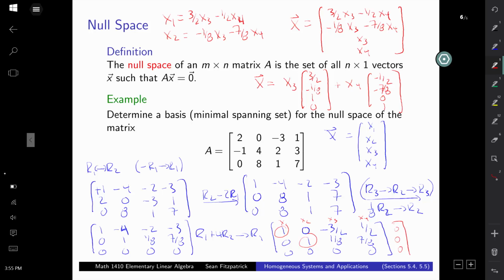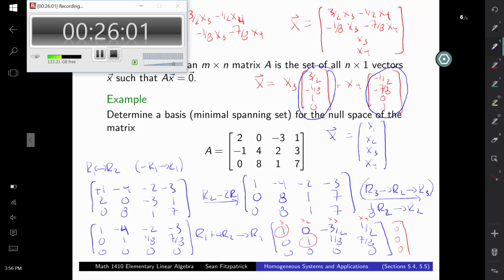These two vectors are going to be the basis vectors for the null space. Any element of the null space can be written as a linear combination of those two vectors by choosing values for x3 and x4. Okay, that's it for this one.